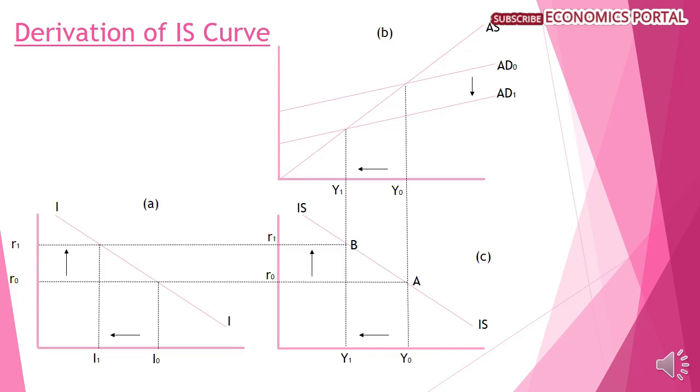The first part is A, the second one is B, and the third one is C. A part में हम देखते हैं कि R naught rate of interest पर हमारी इन्वेस्टमेंट है I naught, और इस लेवल ऑफ इन्वेस्टमेंट पर हमारी जो लेवल ऑफ इनकम है वो Y naught है. जैसा कि हमारा एग्रीगेट सप्लाई और एग्रीगेट डिमांड के जो कर्व्स हैं वो आपस में इस पॉइंट पर मीट कर रहे हैं.